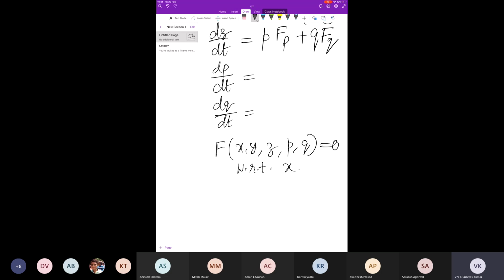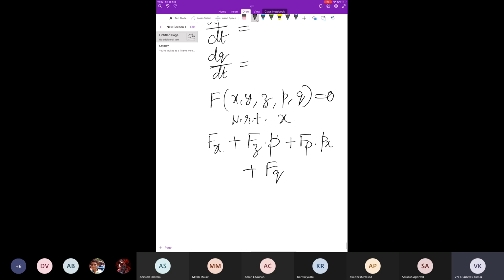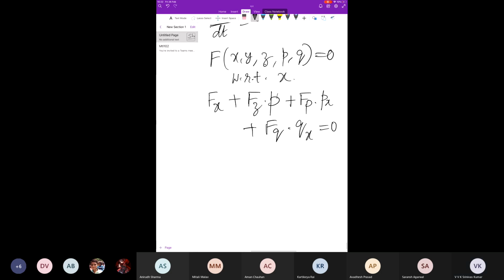If we differentiate with respect to x, we get fx plus, y is an independent variable, so 0, and z is a function of x, so fz into zx, that is p, plus fp into px plus fq into qx is equal to 0. So from here, what is the next step? But qx, what is qx?